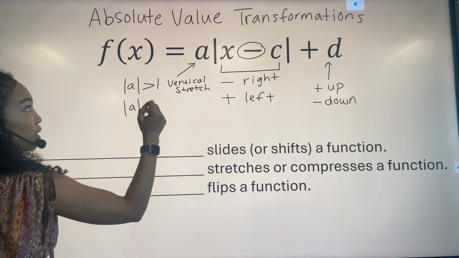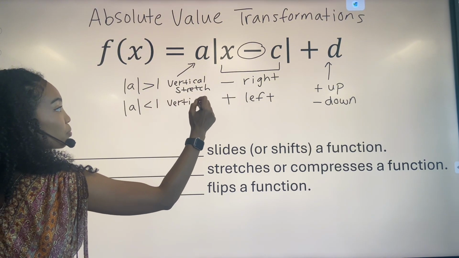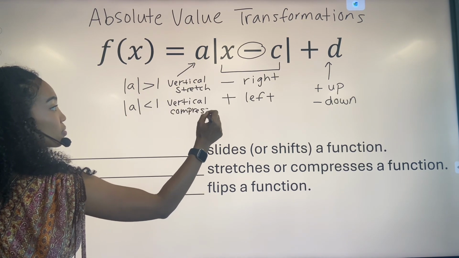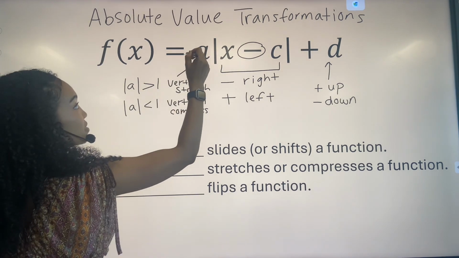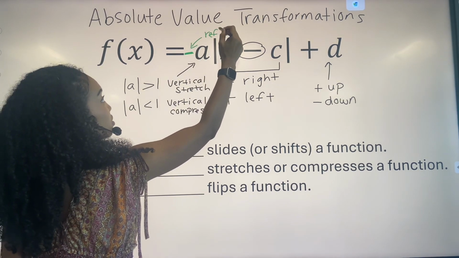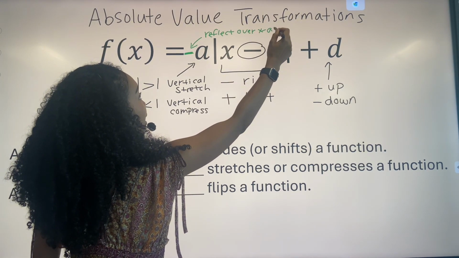If your absolute value of A is less than 1, it'll be a vertical compress. The last thing I'm going to add is if there's a negative sign in the very front, we're going to say that is a reflection. So it will reflect over the x-axis.